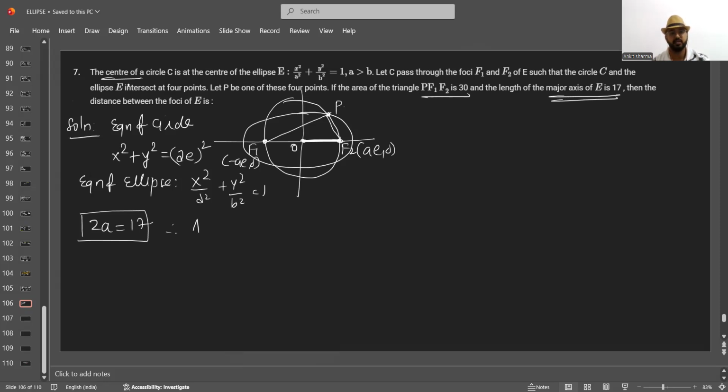So the area of triangle we can get like this. Area of triangle will be half of this determinant. Let's take this point first. It's going to be AE cos theta, comma AE sin theta. This is the point on the circle, R cos theta, R sin theta, and R is AE.